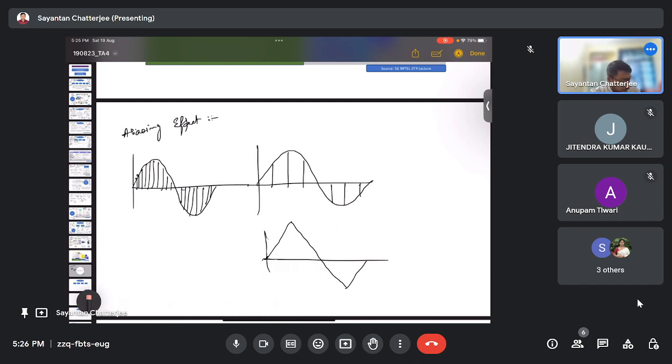Or rather, if the sampling rate is lower, then the resultant cycle of the samples that is obtained would be of a much lower frequency. So these are some of the issues.